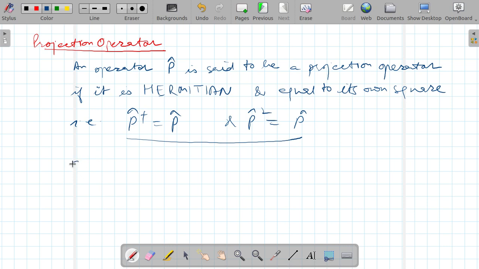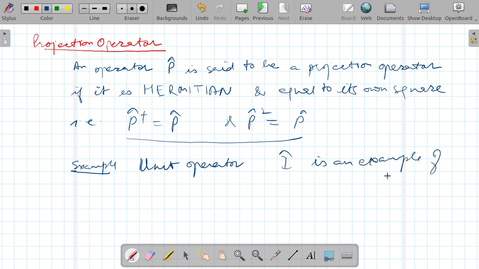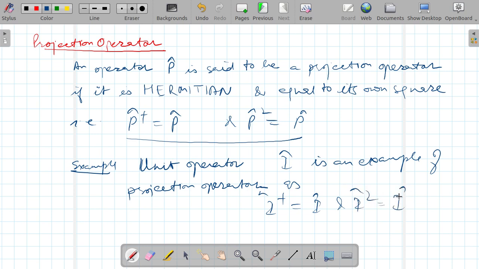Its example is the unit operator. The unit operator I is an example of a projection operator, as I dagger is equal to I and I square is again equal to I, so that is why it is known as a projection operator.